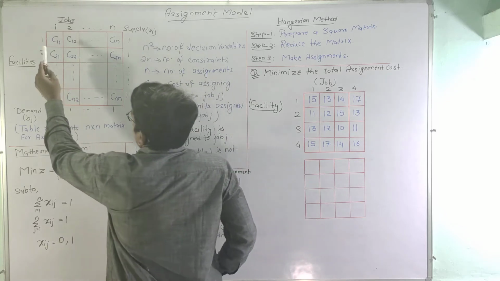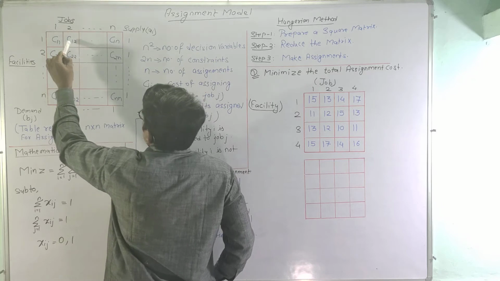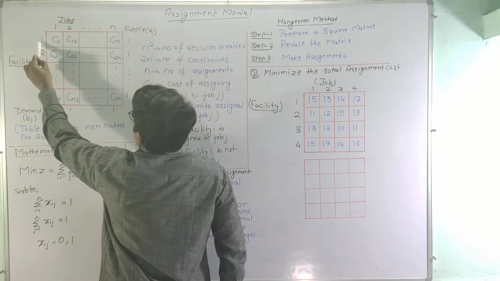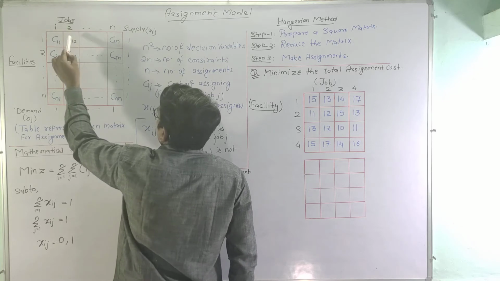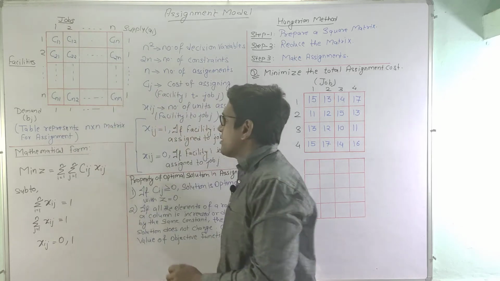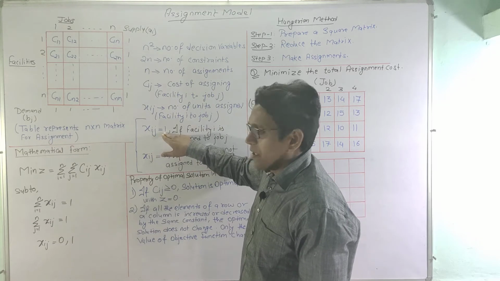That means if we assign this particular cell, that means facility 1 is assigned to do job 2, then once this is assigned, the value of Xij will be equal to 1.